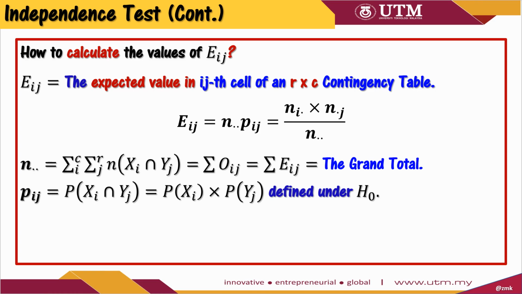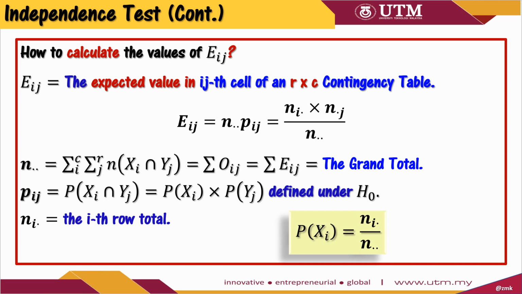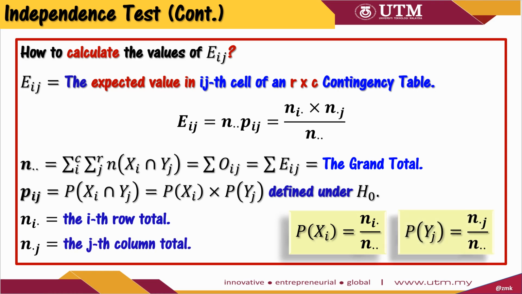But what are these P(xi) and P(yj)? P(xi) is the probability of xi, which by the classical definition is the ith row total denoted by ni dot divided by the grand total n double dot. Similarly, the probability of yj is the jth column total denoted by n dot j divided by the grand total n double dot.